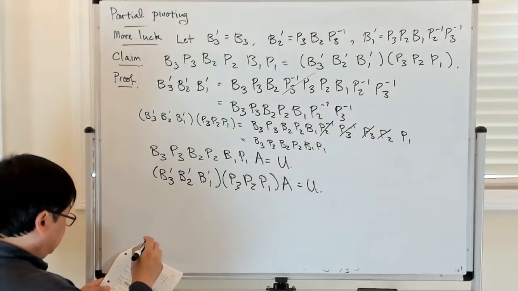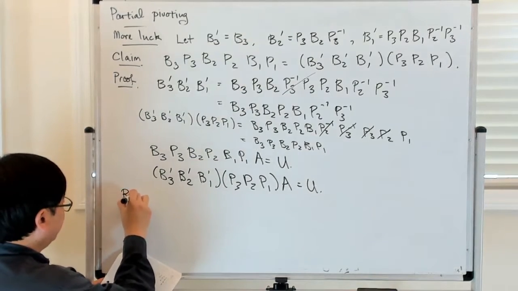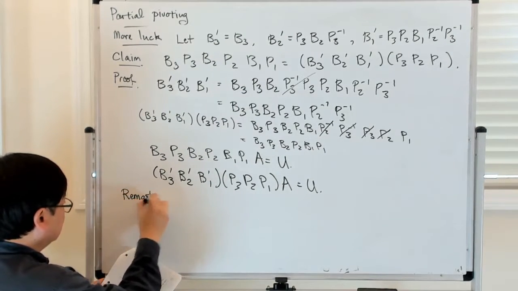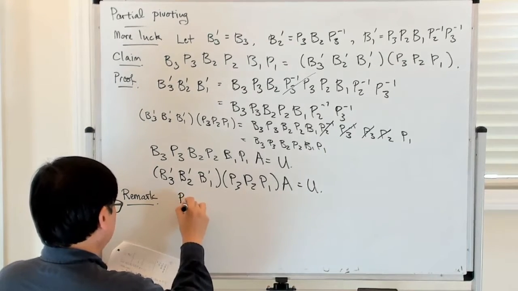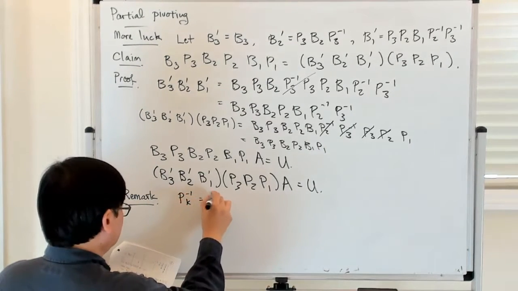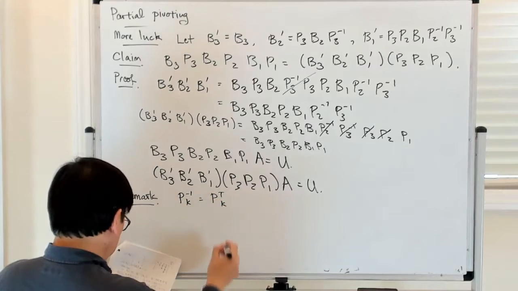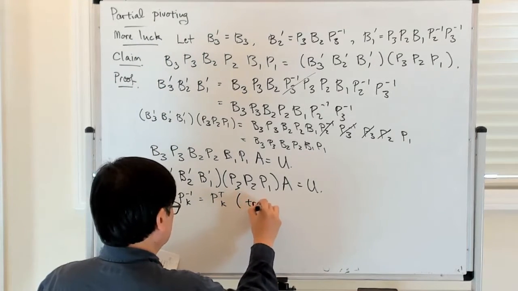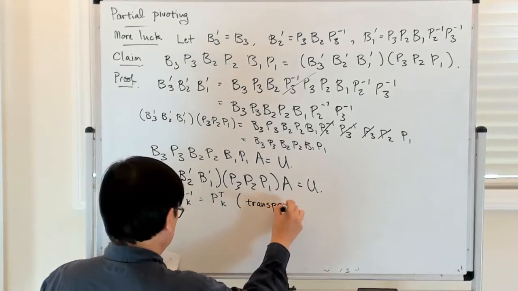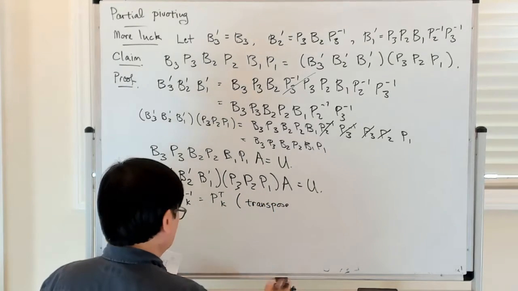Okay, so some observations and remarks. So the inverse of a permutation matrix is just its transpose, right? So the transpose just involves mapping rows to columns.